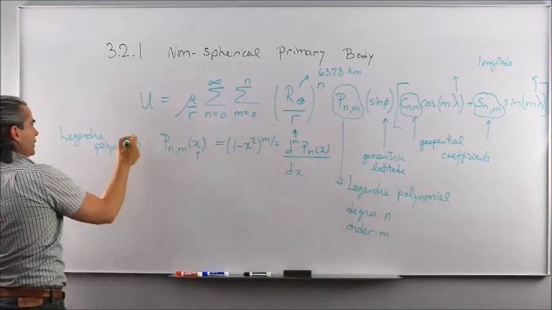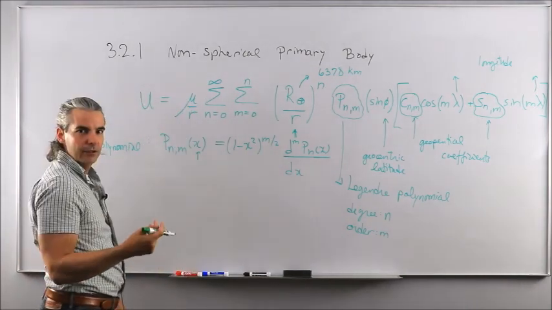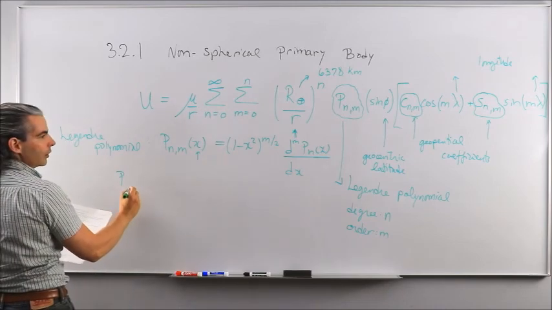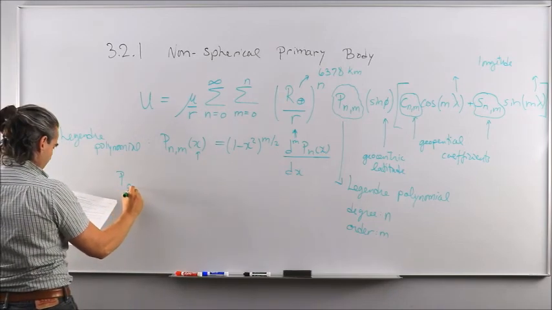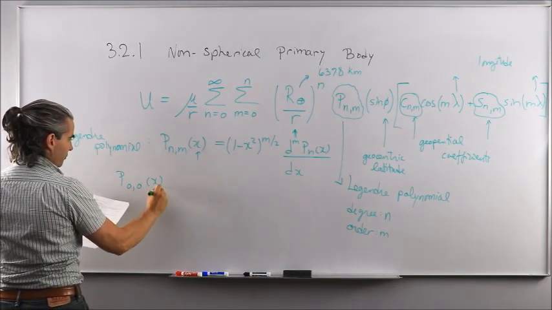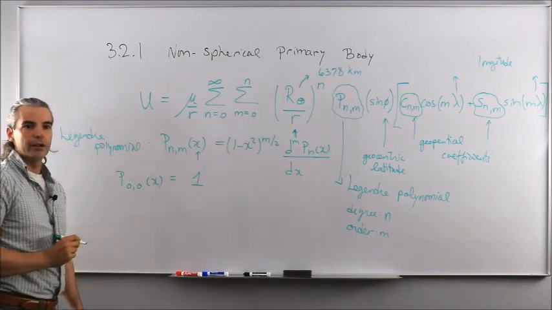Now, this can be somewhat complicated to figure out, so to ease up the follow-up developments, I'm going to give you exactly the results for degree 0, order 0 of some random function x, and the answer for this one is easy. It's always equal to 1. Okay?